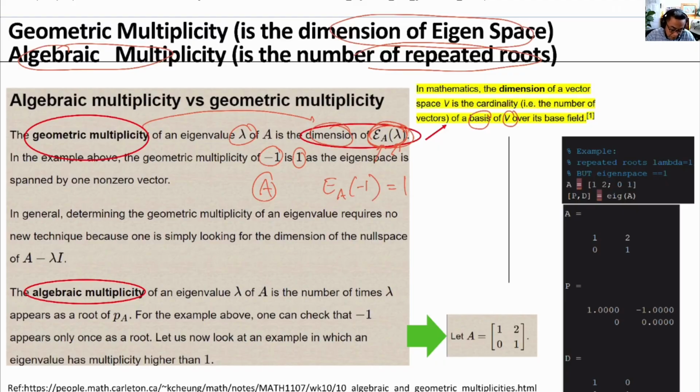The dimension of this space is only 1. In other words, determining geometric multiplicity is nothing but counting the number of vectors in the null space of this matrix.